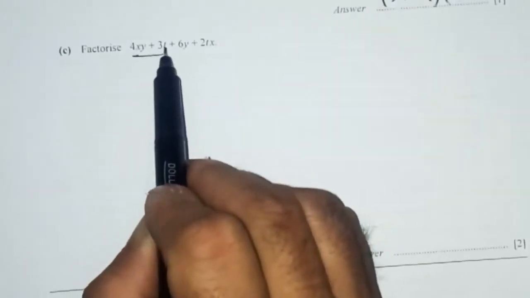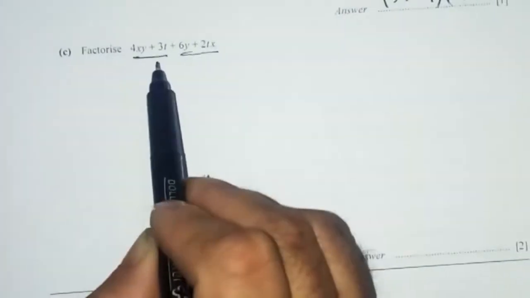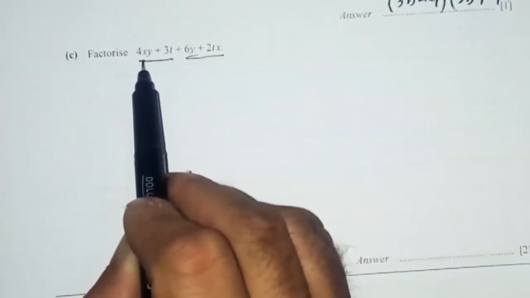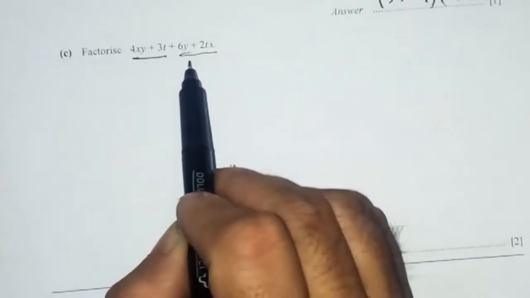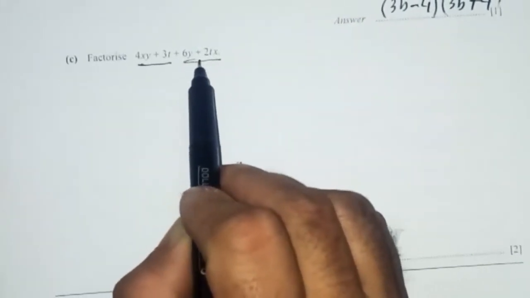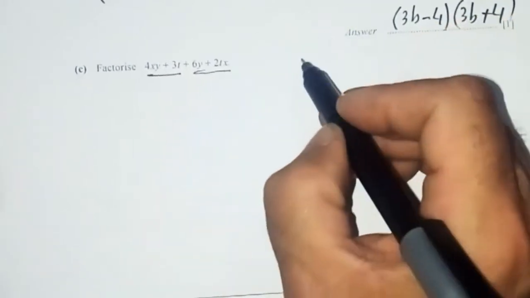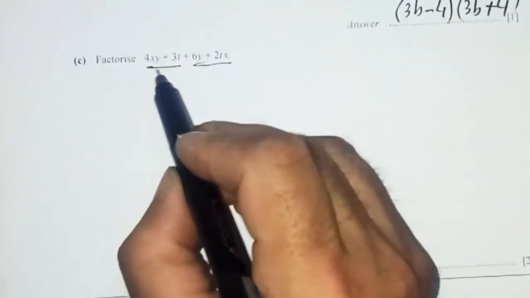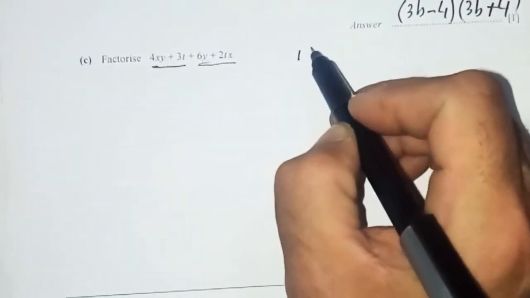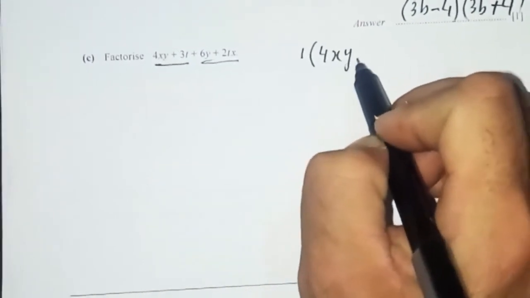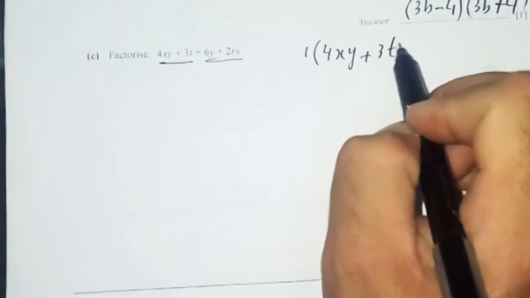So this is the first group and this is the second group. If we take common from this first group, there is nothing common. So if nothing is common, we take one common here. What is left inside? 4xy plus 3t.